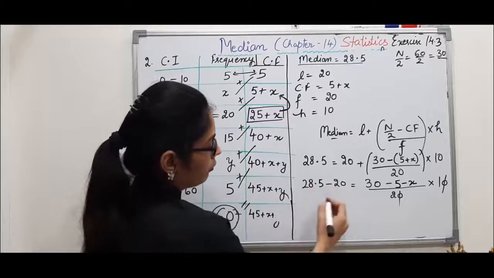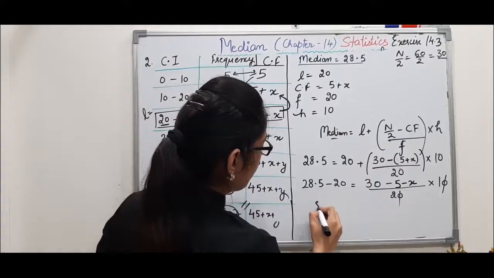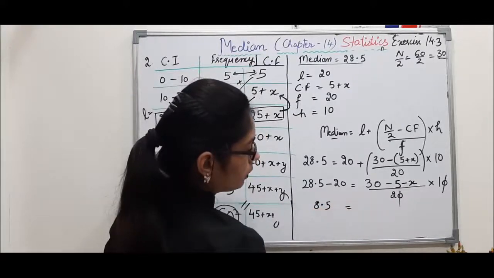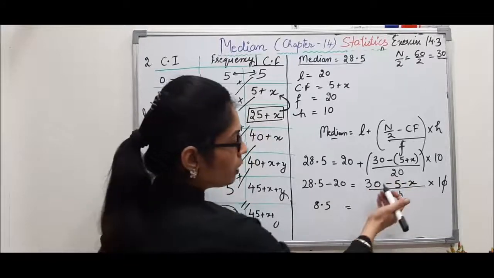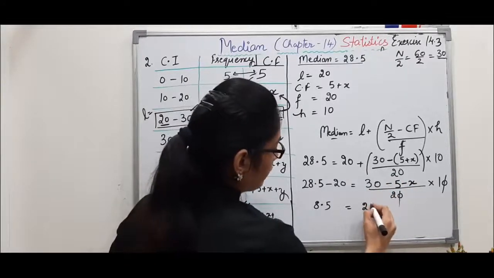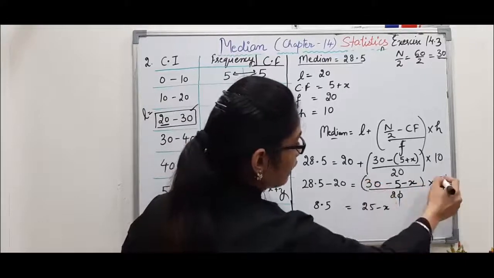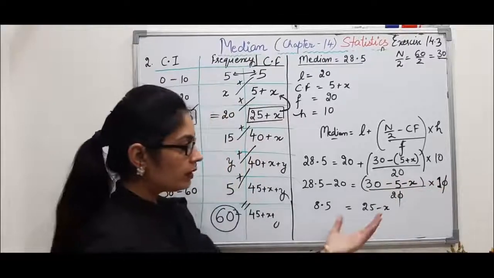28.5 minus 20, if you do the subtraction, you will get 8.5, equals 30 minus 5, because all the like terms we can combine. 30 minus 5 is 25, minus x we can write as it is, because here we are left with only 1. If we multiply 1 with all the terms, we will get the same terms.